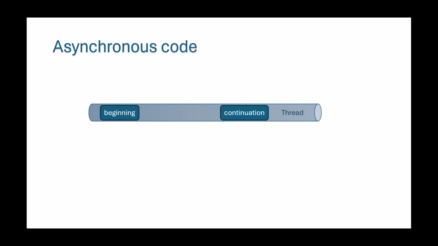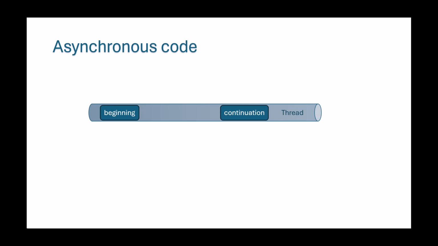It's important to remember that because of this transformation, even though it looks like one continuous function, there are actually two separate functions running with a pause in between. During that pause, other code can run and global variables can change, so you have to be mindful of that.